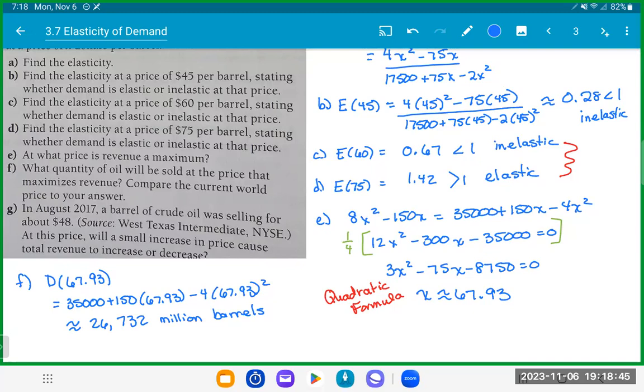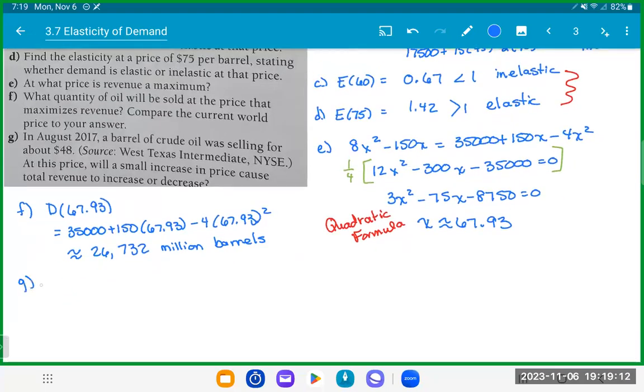Okay. So if we're looking at $48, we're somewhere between these two here. So if the price of a barrel is $48, then there should be an increase in total revenue.